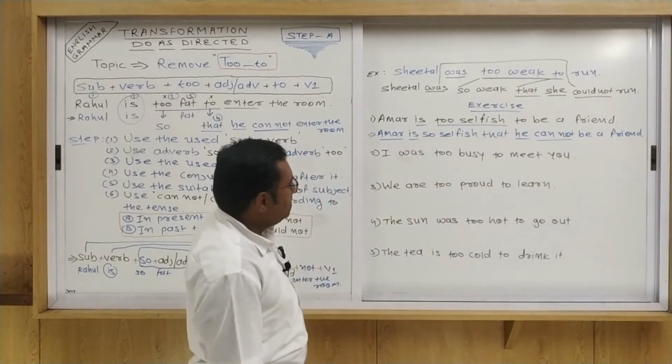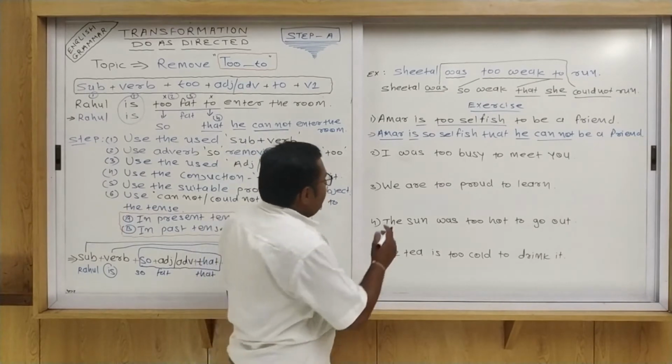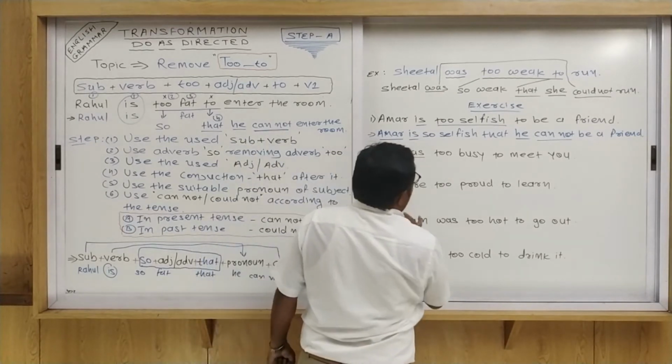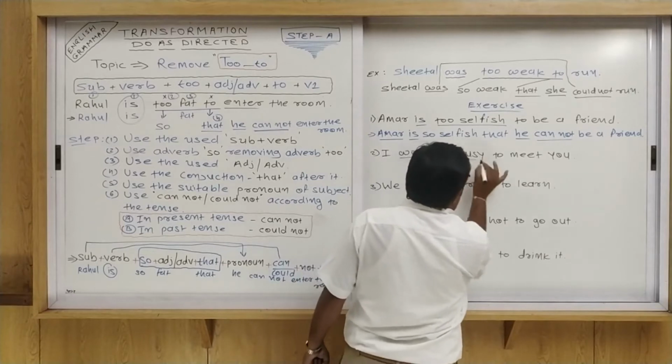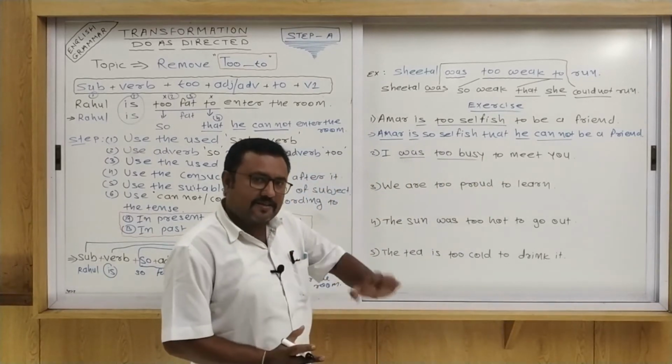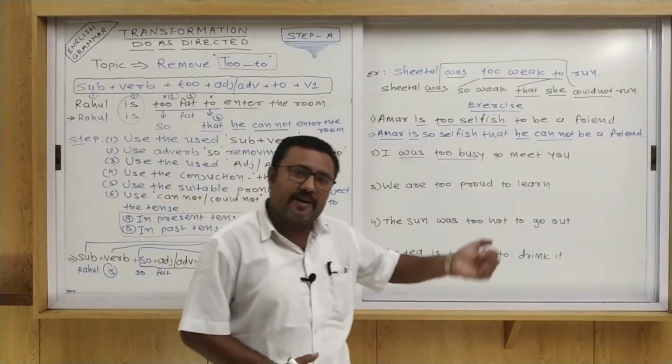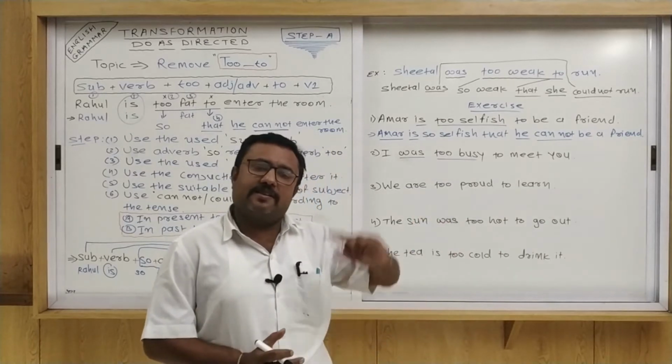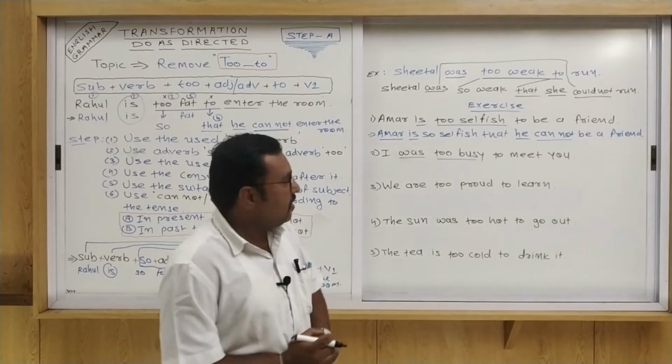Clear? Now, the second one: I was too busy to meet you. This sentence is about past tense.